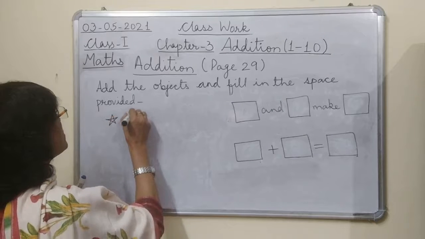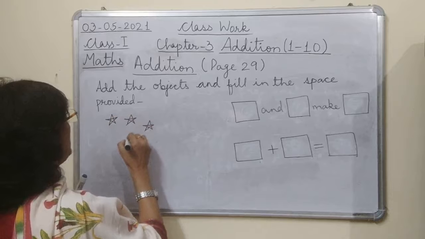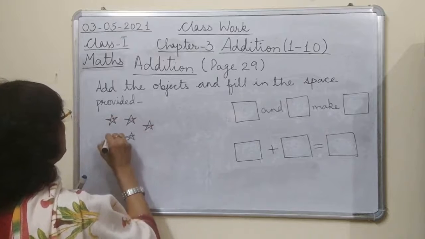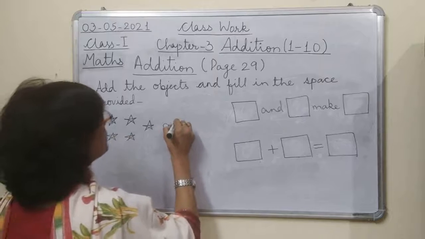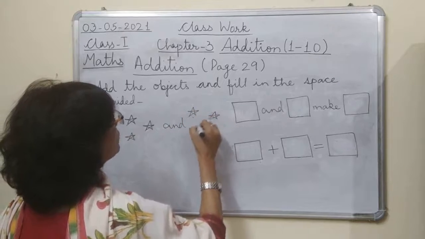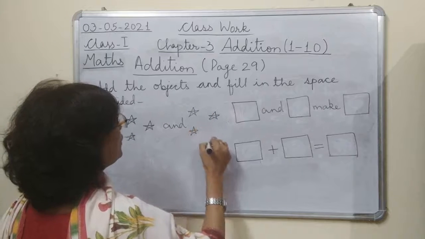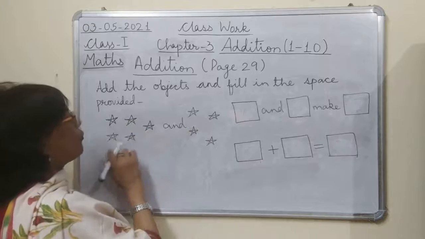1, 2, 3, 4, 5. Okay, and 1, 2, 3, 4. Okay, so 1, 2, 3, 4, 5.